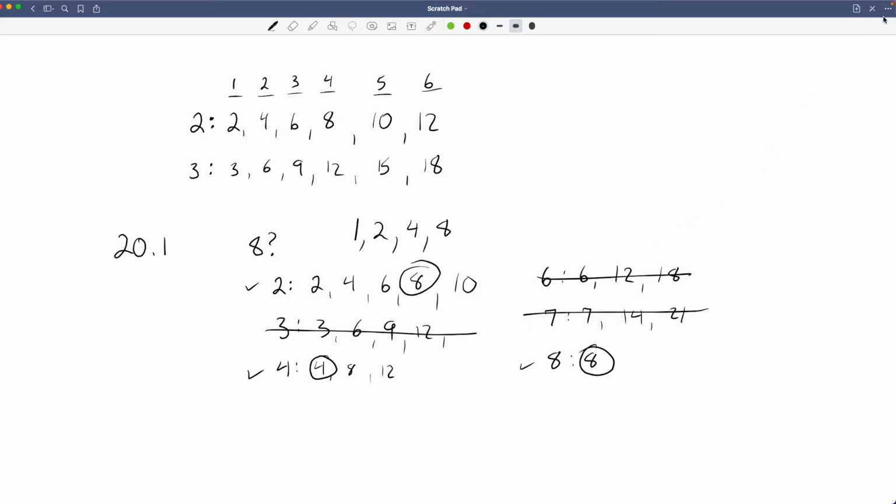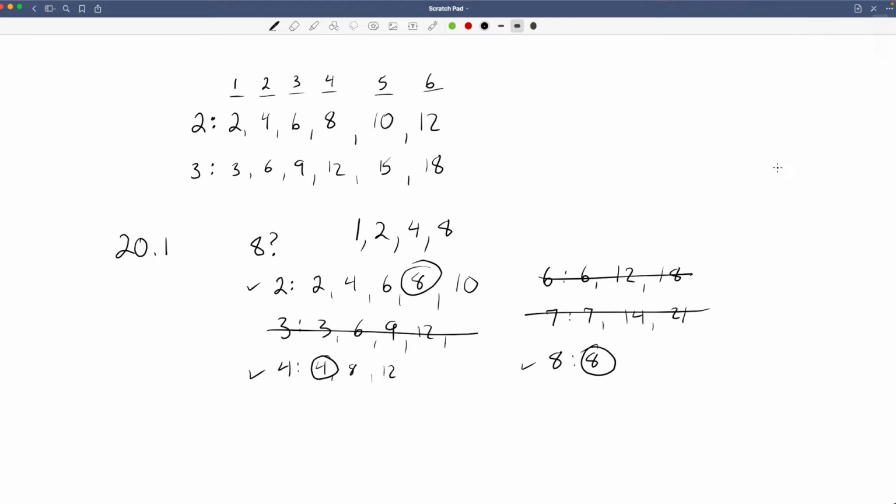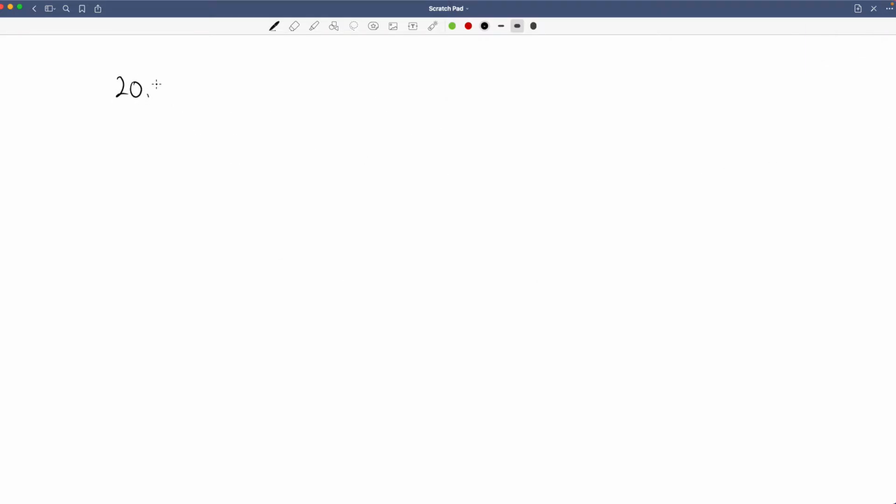So now let's do 20.2. 20.2 says to find the multiples of 9 that are less than 50. So let's find the multiples of 9 that are less than 50. We'll start with 9.